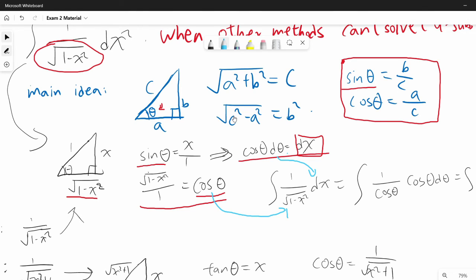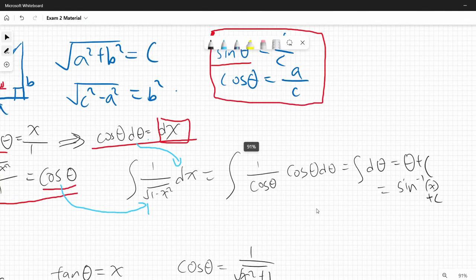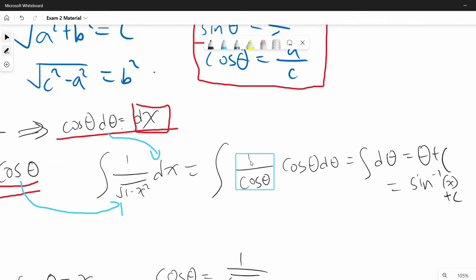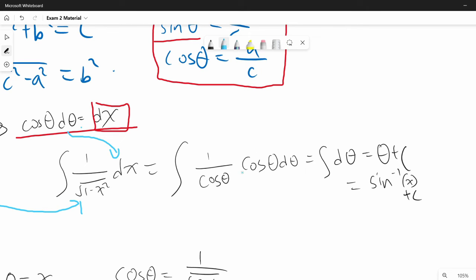So we will result in, now when we sub it in, 1 over cosine theta d theta. Always remember to sub in the d theta. You should always have just one variable that you are integrating over in calc 2. So right here, cosine theta cancels out. We just have the integral of 1 d theta, which should be just theta plus c.